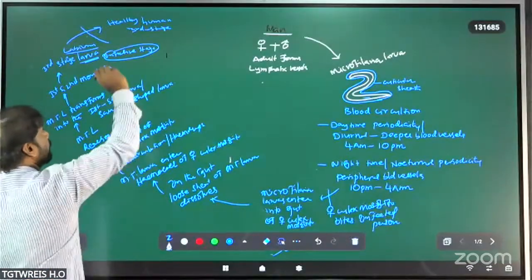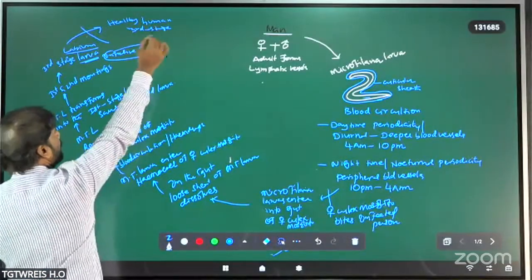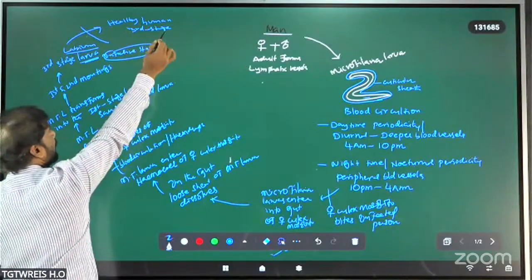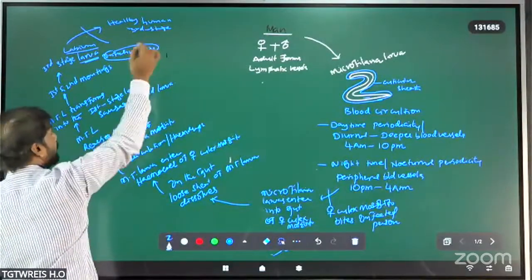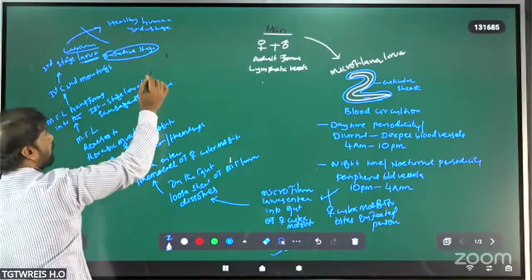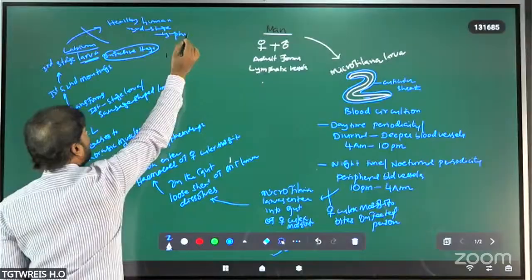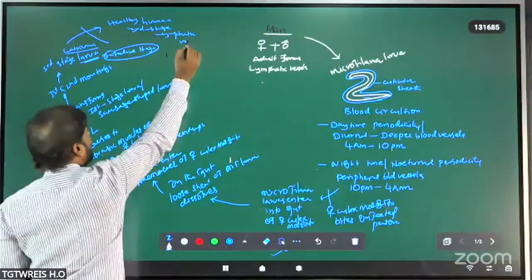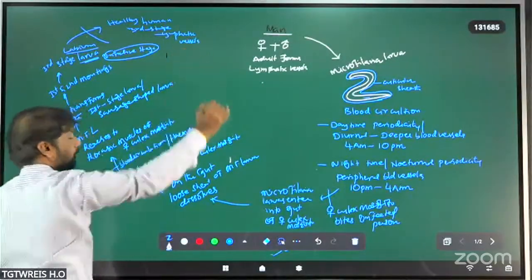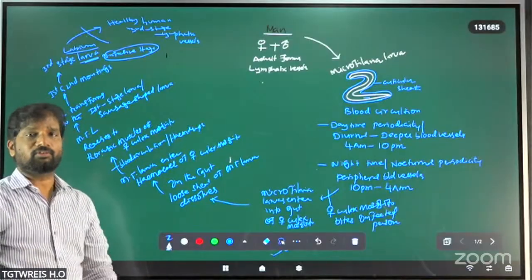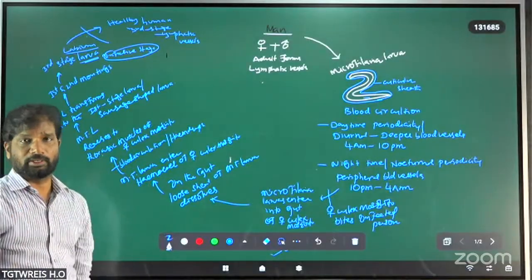Now, in the healthy human being, the third stage larvae enter and reach the lymphatic vessels of the healthy person.